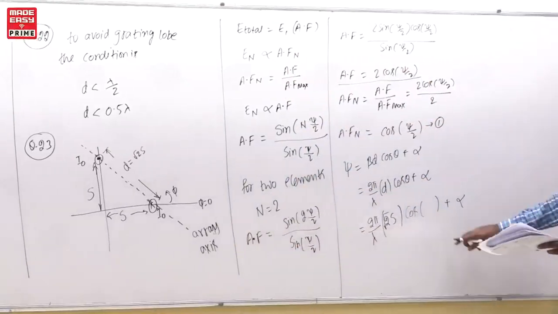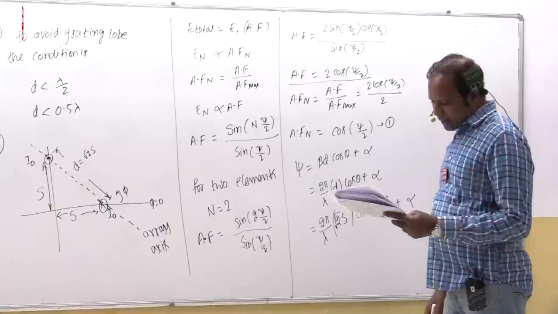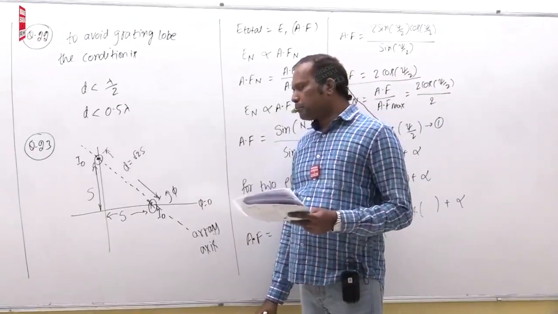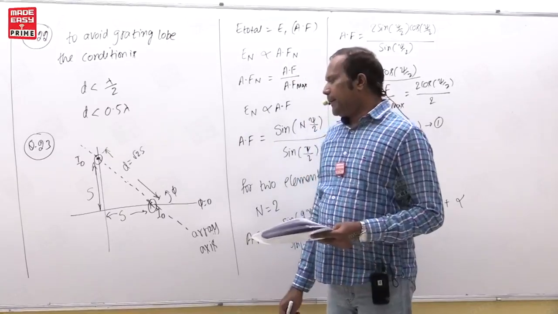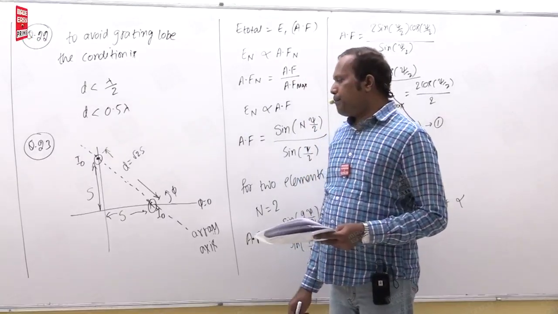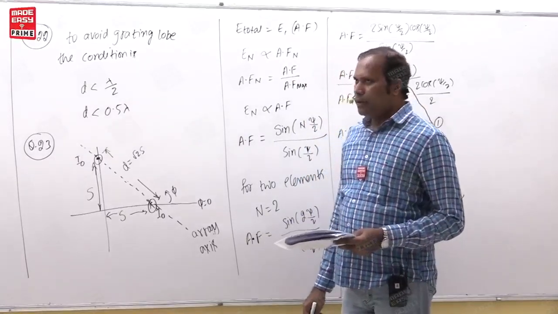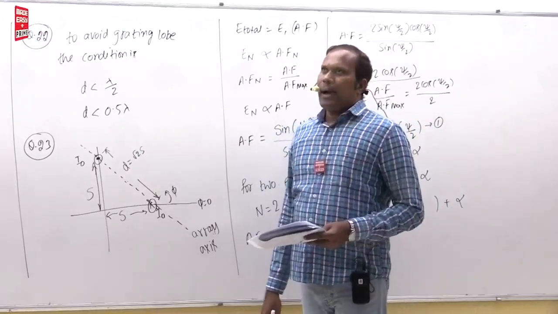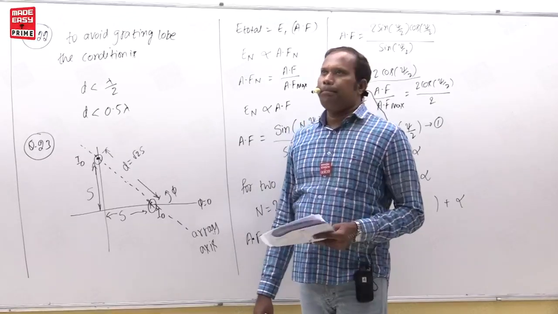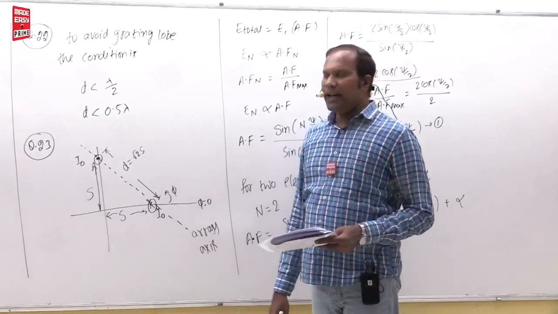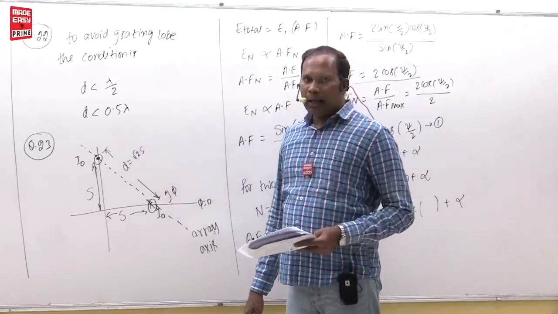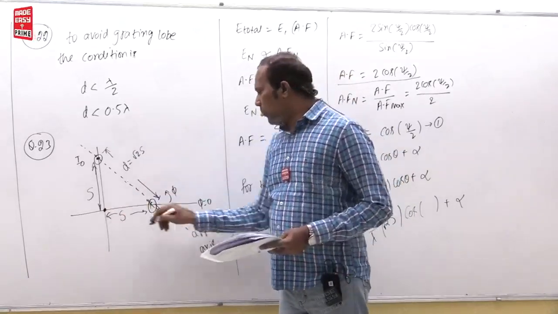Now this theta you have to find, student. Did you remember I wrote theta? Theta is the angle between the array axis and the line drawn from origin to the field point.